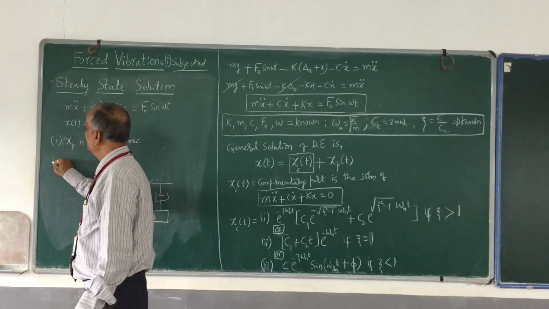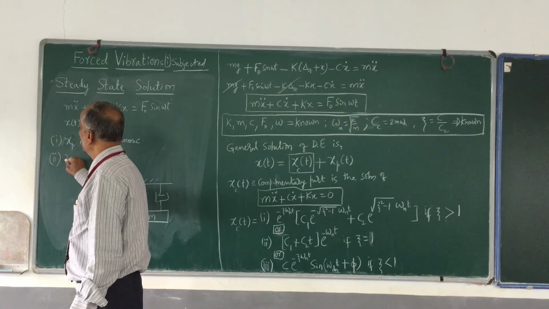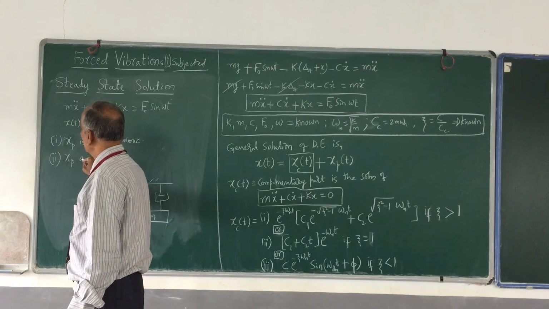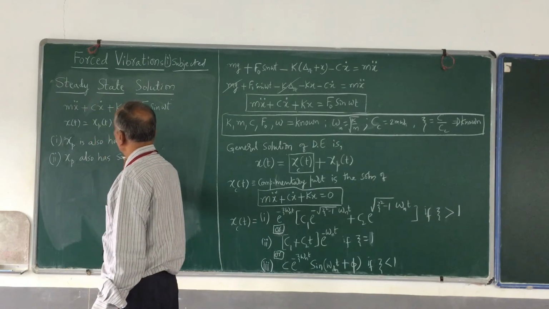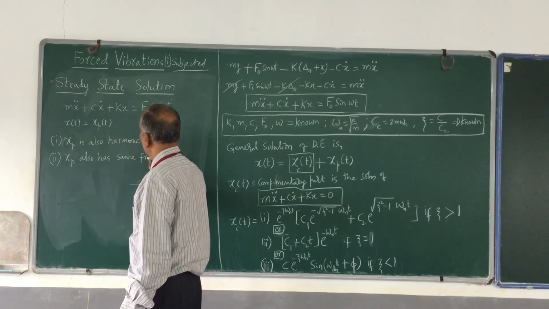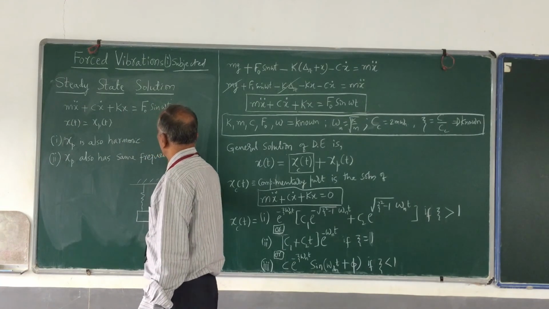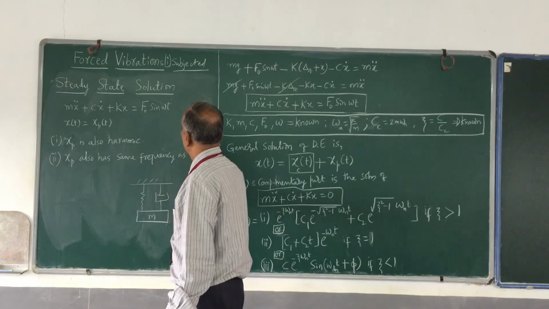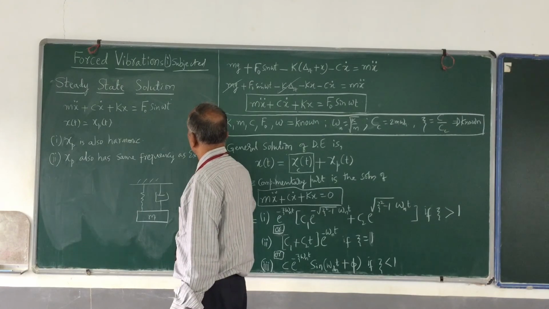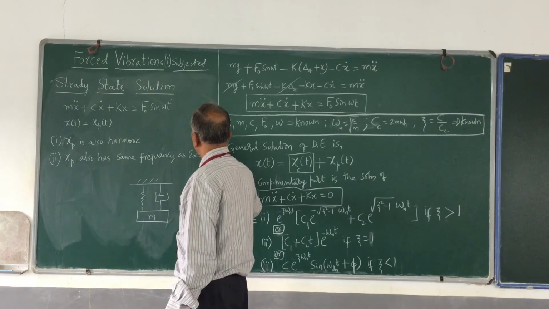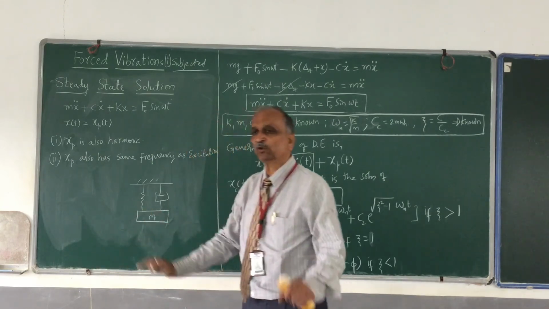And what is the second logic I would like to apply? xp also has the same frequency as the excitation. So that means the frequency of xp is also omega only.